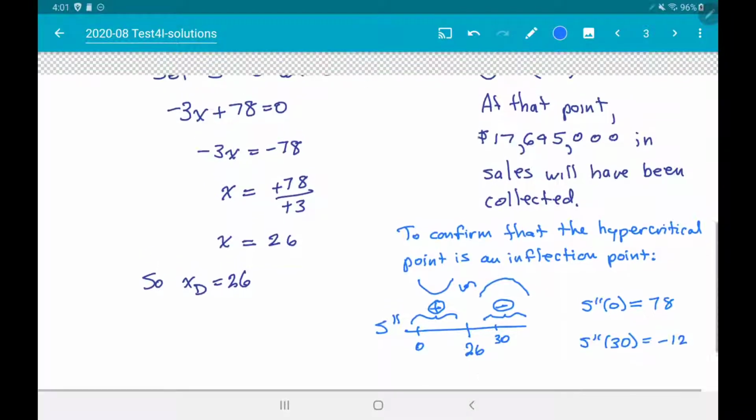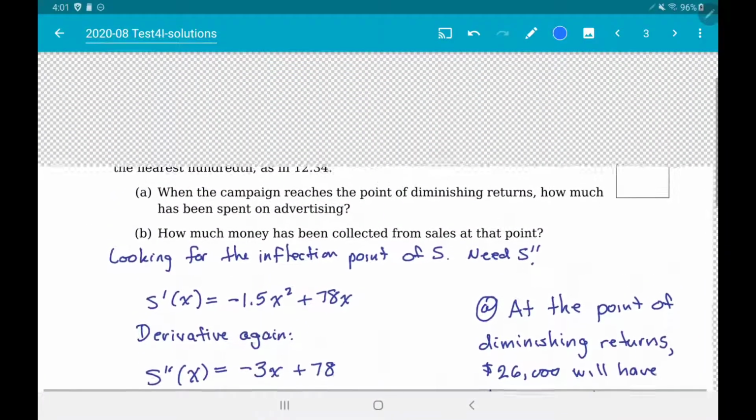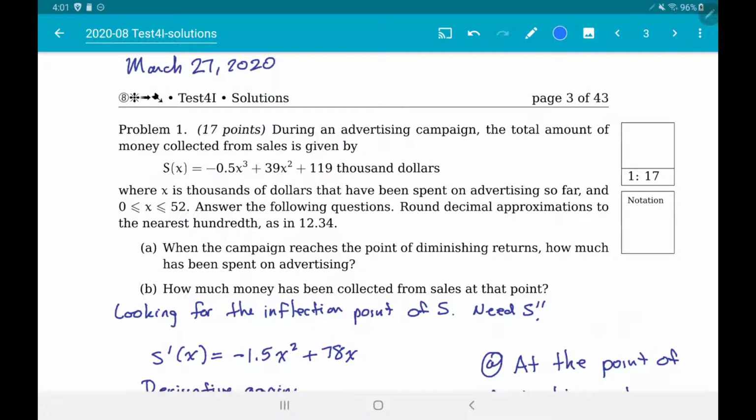Another thing that I should warn you about, it happens that the 26 is exactly in the middle of the domain. I noticed that a couple of problems on WebAssign do tend to work out that way. Be careful about that because it's not always going to be the case.